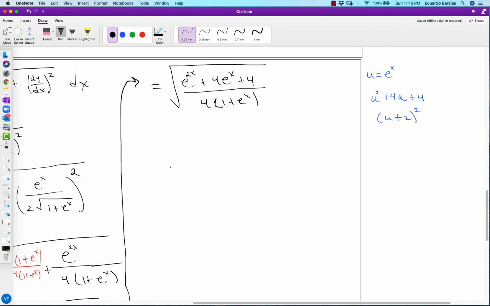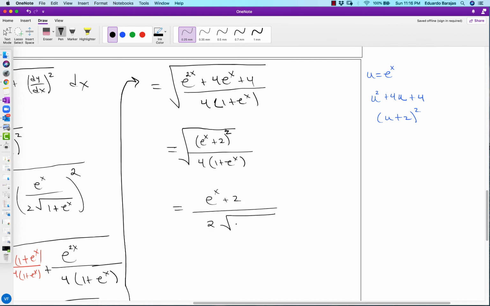And so we get e to the x plus 2 squared all over 4 times 1 plus e to the x, and then that whole thing is inside this root, not squared. And then that simplifies to just give me e to the x plus 2 divided by 2 times the square root of 1 plus e to the x.